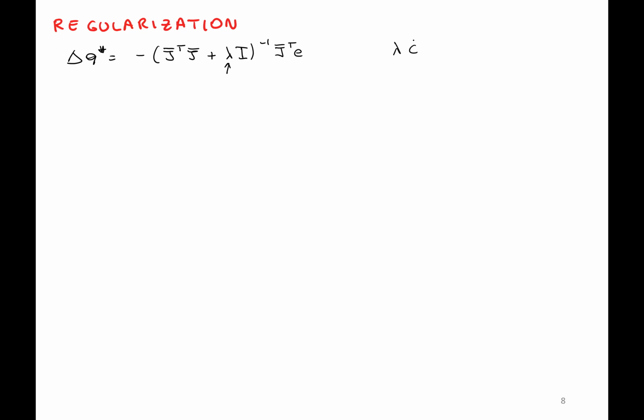And this lambda should be bigger than 0, of course, and could be selected around 10 to the minus 8. And this is called, we will see that, the damped pseudo inverse of the Jacobian.